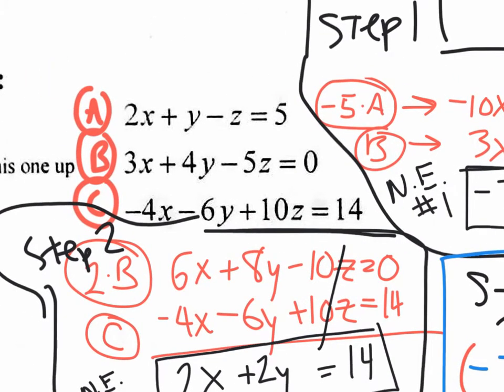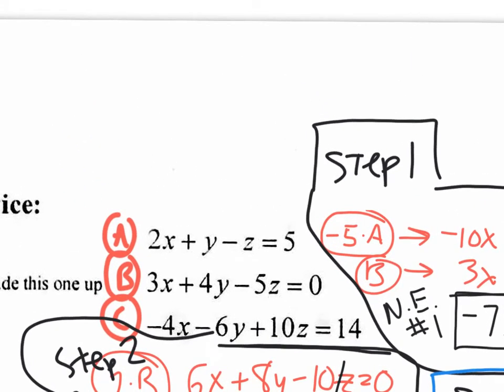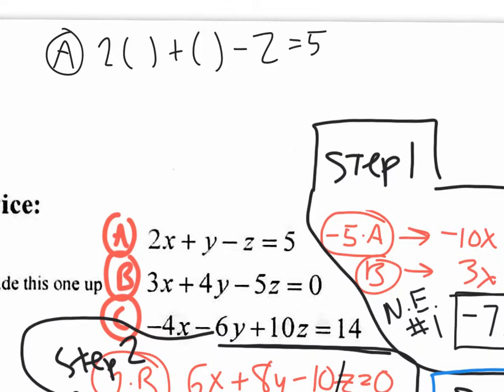A looks easiest, so I want to show my work up here. What was my x value? For A, it's going to be 2 parenthesis plus parenthesis minus z equals 5.